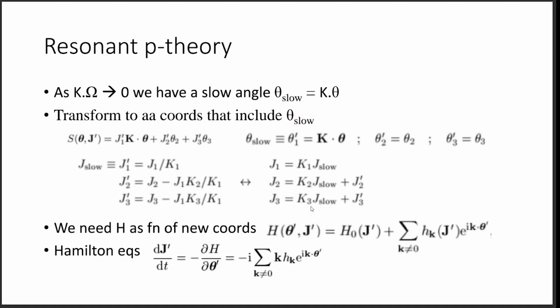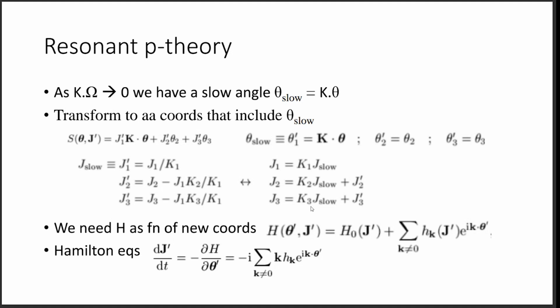So what we do is we transform. I think I told you yesterday that we can do canonical transformations between systems of angle action variables, provided we use matrices with integer coefficients to do the transformation. So that's what we're going to do. We're going to transform to angle action variables so that one of the new angles is theta slow. And here's a generating function.